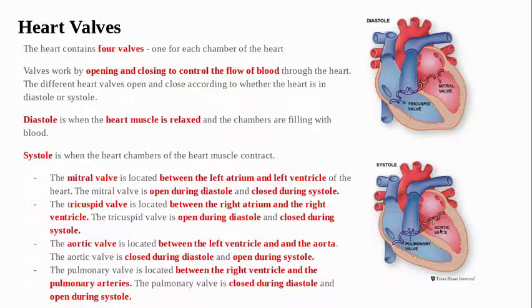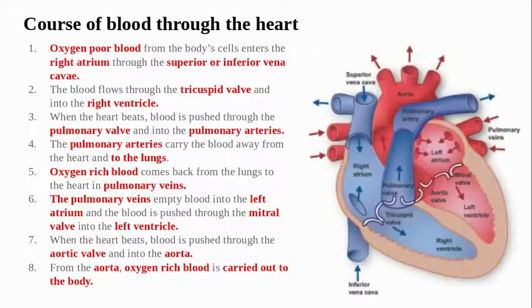Back again on the left side, there is the aortic valve between the left ventricle and the aorta, which is closed during diastole so that the blood doesn't flow through there, and then open during systole so that the blood can be pumped up to the aorta. And similarly on the other side, there's the pulmonary valve between the right ventricle and the pulmonary arteries, and that is closed during diastole and open during systole.